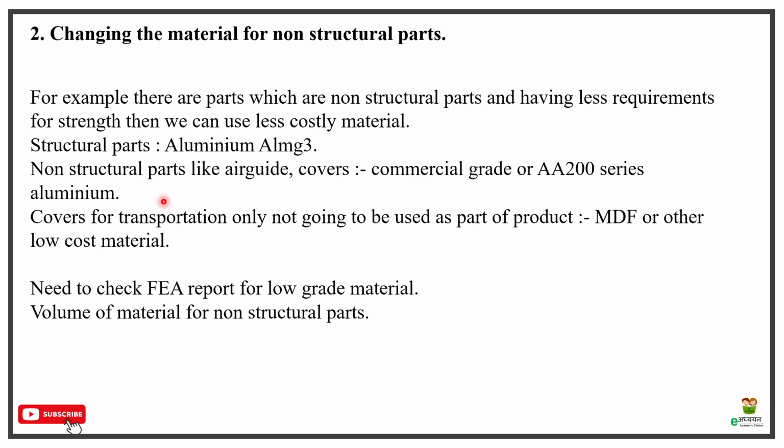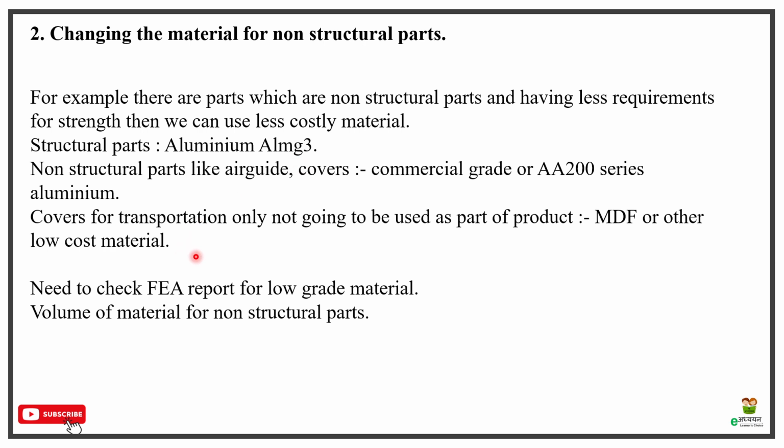In that we have some brackets and covers, like air guides and some other brackets, which are not part of the structural member and are not required for strength. For those parts, we have removed that material and replaced it with commercial grade or 200 series aluminum, which is one third of the cost of this aluminum.